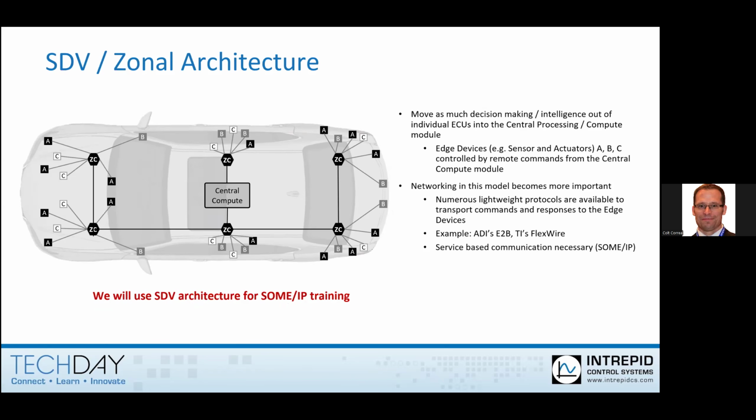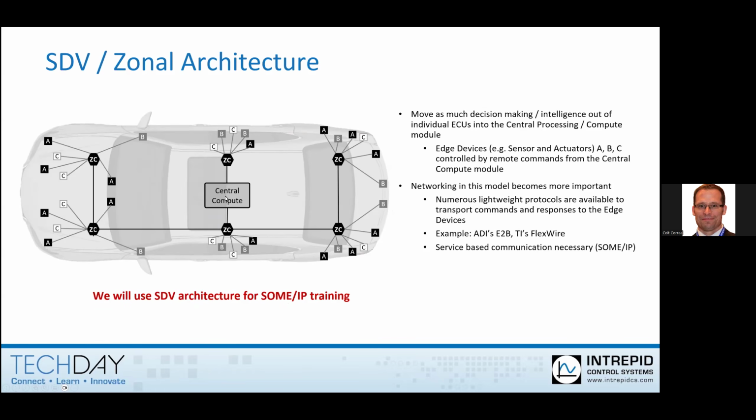So in a zonal architecture, we're going to be using this as the example as we move forward. We have different zonal controllers in the vehicle, and as much as possible, the actuators and sensors become as non-intelligent as possible with the least amount of software, sometimes zero software. And we want to make all the decisions inside of what's called the central compute module.